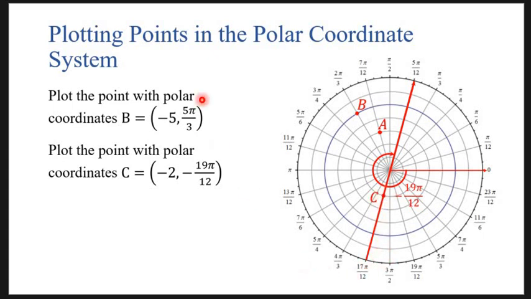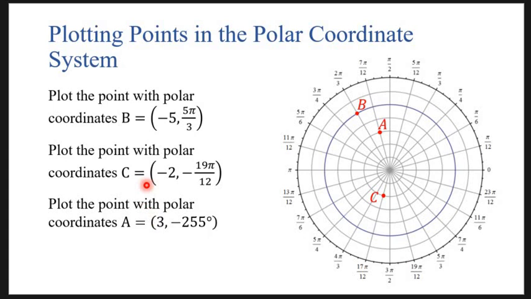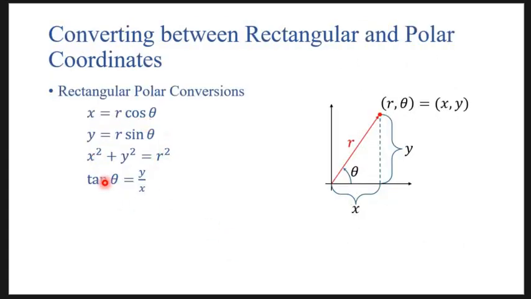So that's how you plot points in the polar coordinate system, and these are the 3 points that we have plotted. What I want to do next is look at converting between rectangular and polar coordinates. Here we have the conversion formulas.